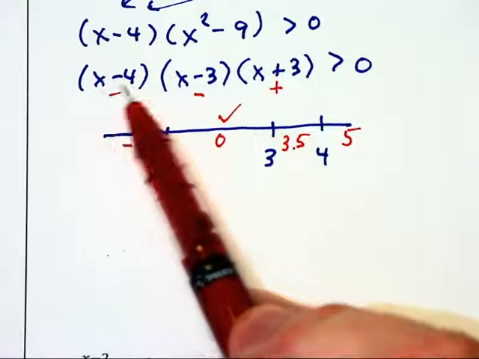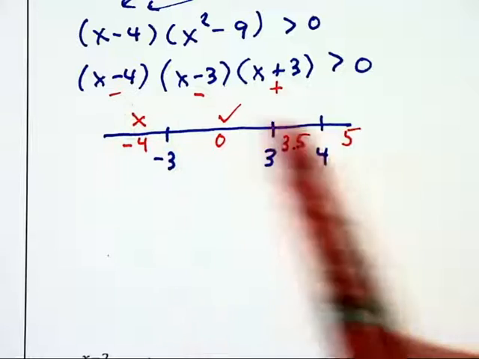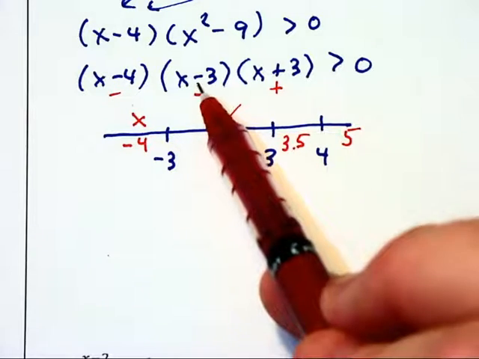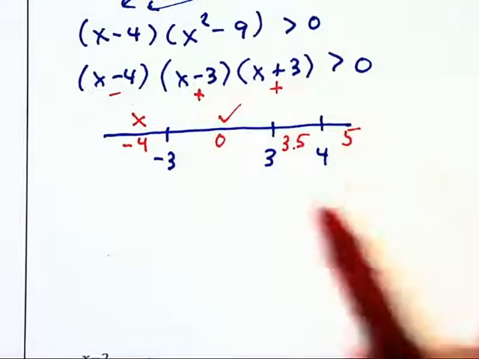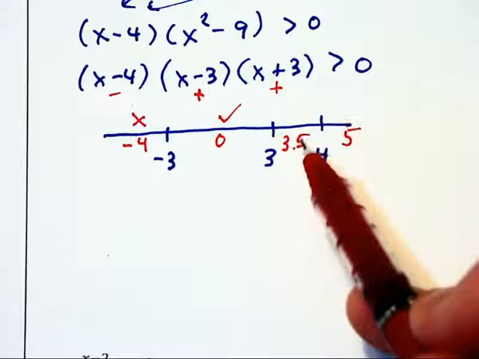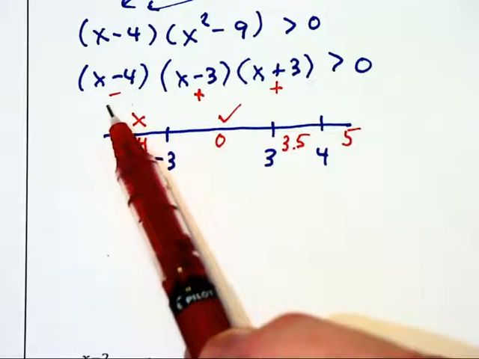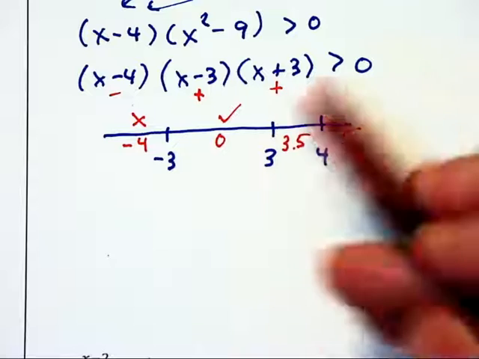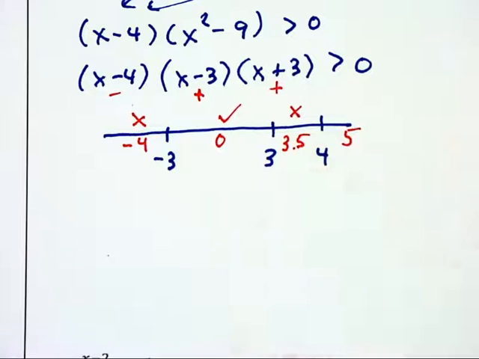3.5. 3.5 minus 4 is negative. 3.5 minus 3 is positive. 3.5 plus 3 is 6.5, which is positive. Now, negative times positive is negative, and that is not part of our solution region.